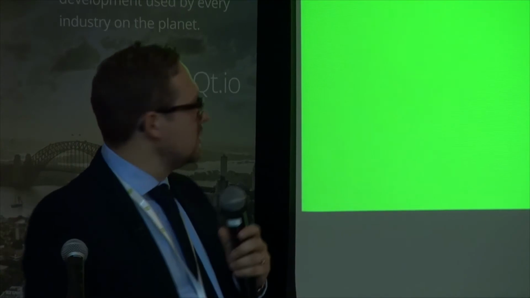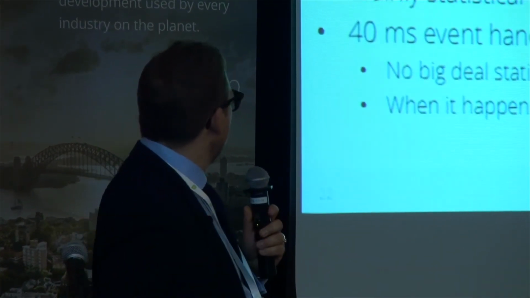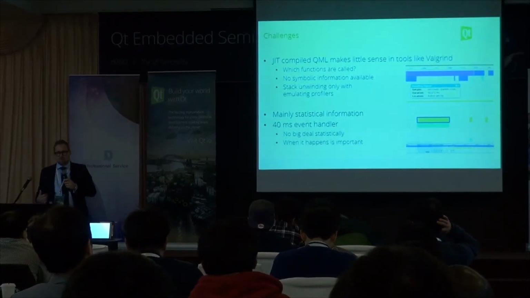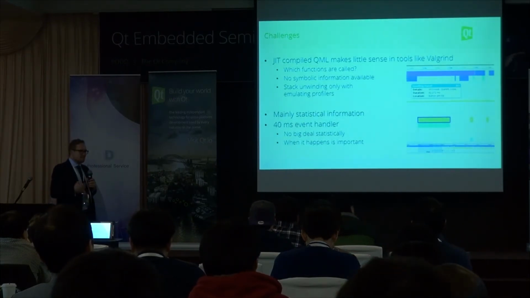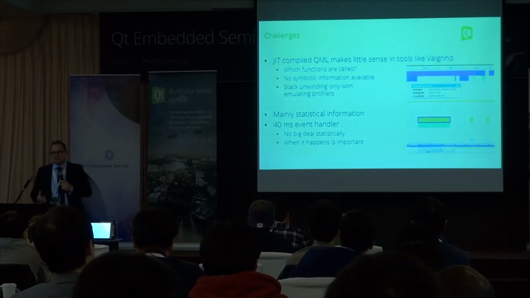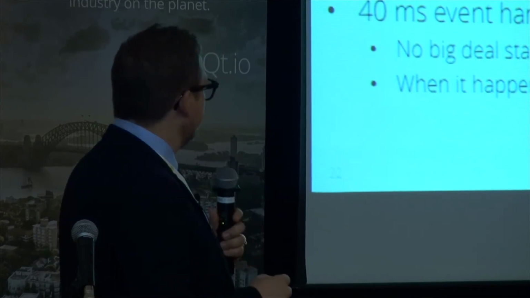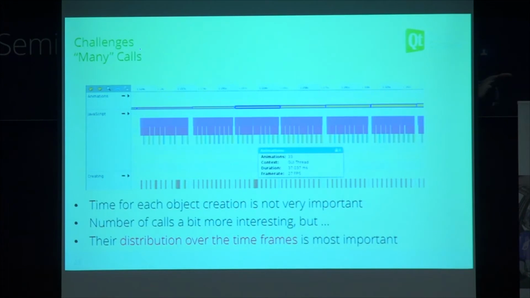Then I just wanted quickly to look at the Qt Quick Profiler that allows you to really look at the performance of your Qt Quick UI. So JIT compiled QML is very difficult to interpret for tools like, for example, Valgrind. So you have all of these classical performance monitoring ways, but that's very difficult. But the profiler really gives you a good way of seeing how your Qt Quick application is working.